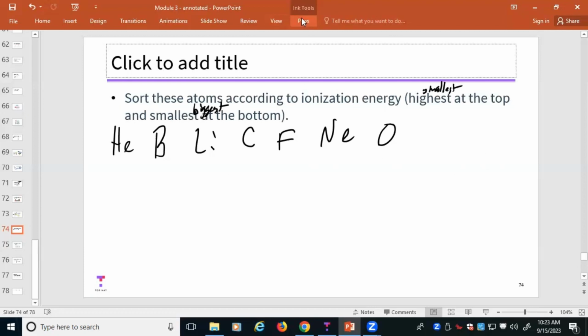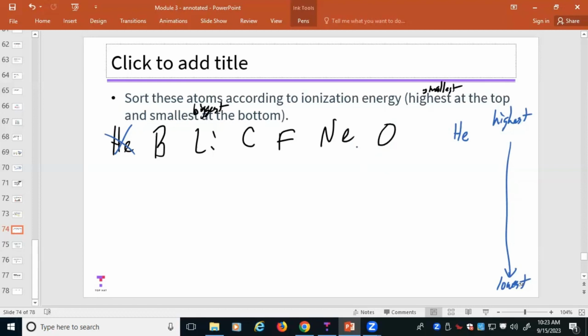So I'm going to rank helium as having the highest ionization energy. From there, I see lithium, boron, carbon, fluorine, neon, oxygen. All of these are in the second energy level.